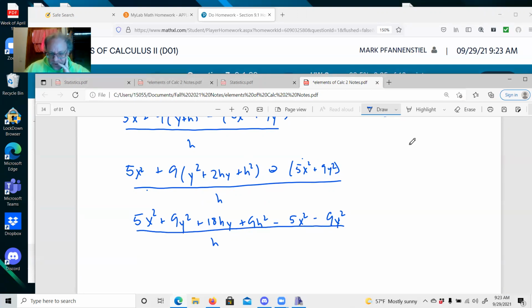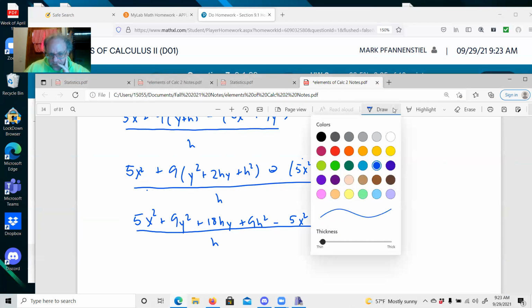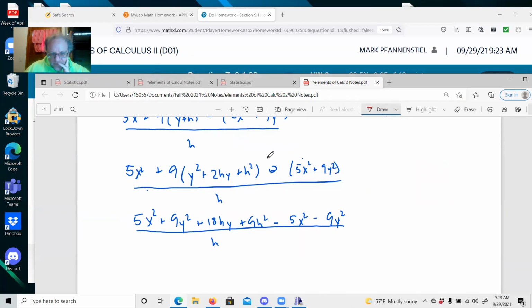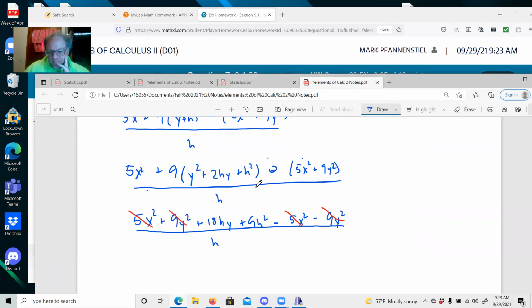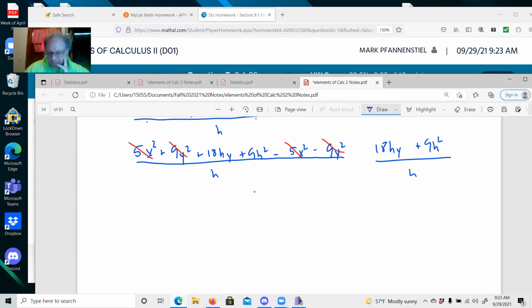So, some stuff cancels. You can see this cancels. And what are we left with? We're left with 18hy plus 9h squared divided by h. So we have 18y plus 9h. There's an h here, divided by h.